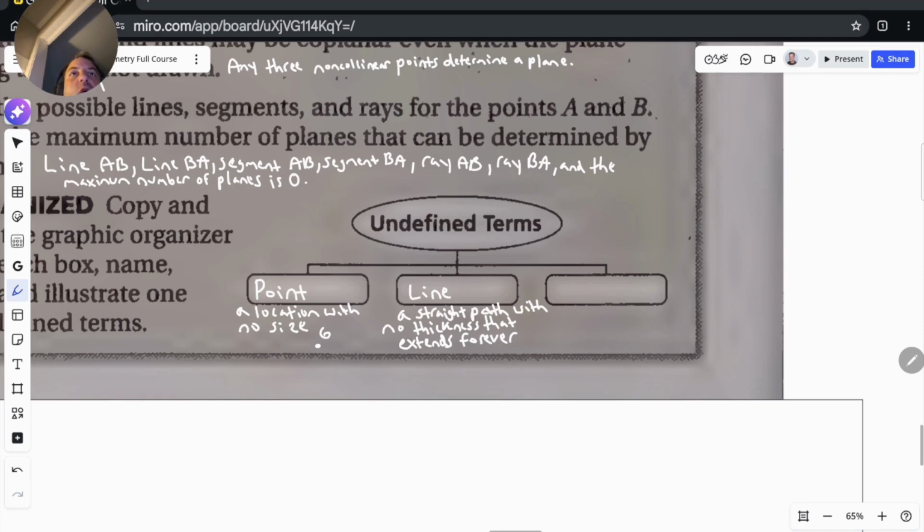Now we can draw a horizontal line with arrows on both ends. Let's label that XY.